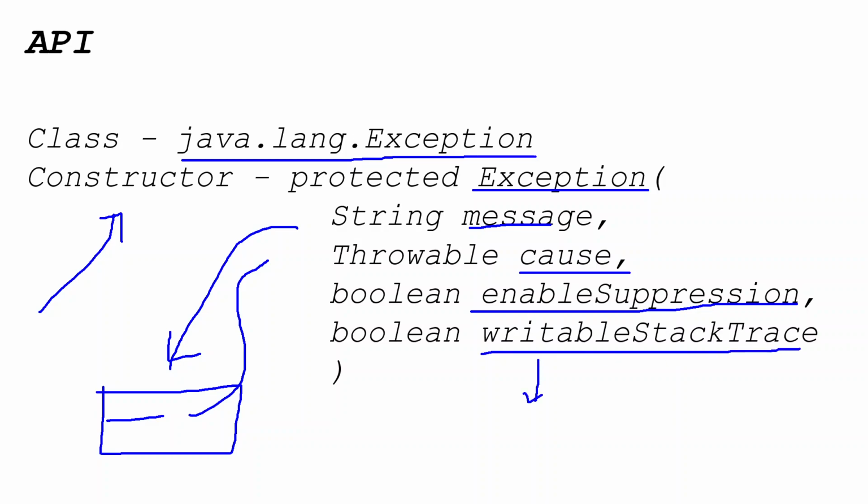This parameter controls whether you write the stack trace. In the case of true, you are writing the stack trace. In the case of false, you are not writing the stack trace.